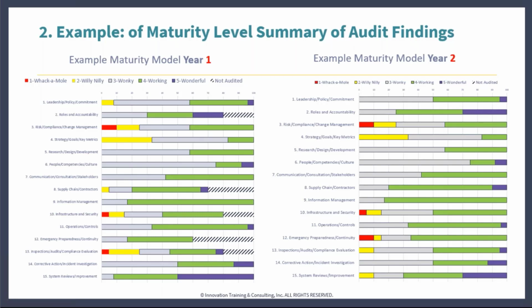In some sections, like 8 and 13, when we audited more of the criteria, we found more conformity, and we can celebrate that. But unfortunately, down here in 12, under emergency preparedness and business continuity, when we audited more of those requirements, we found problems, the red and the yellow.